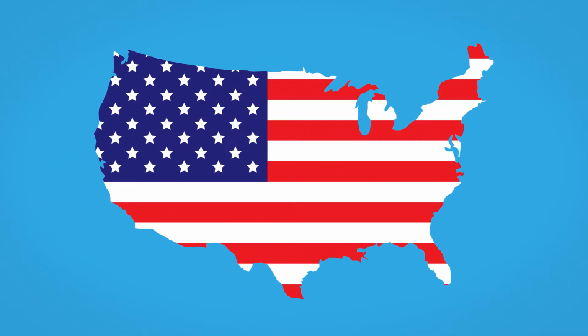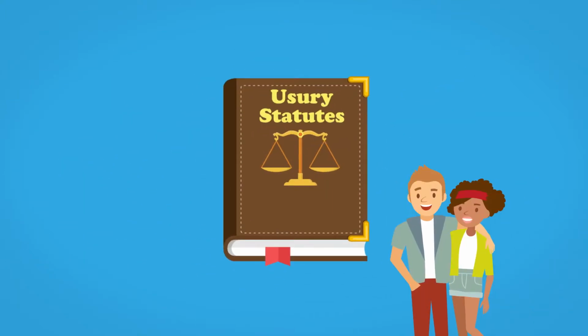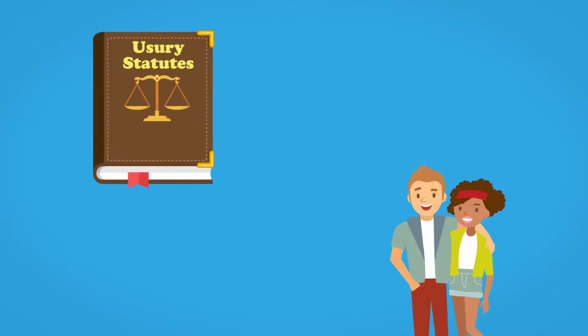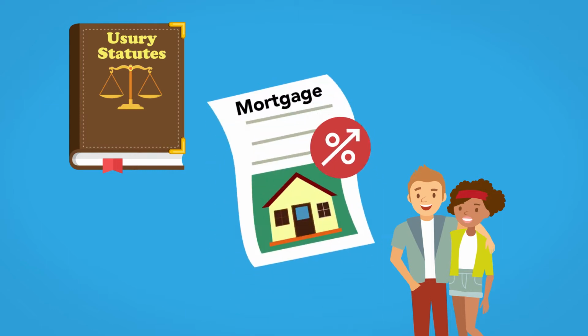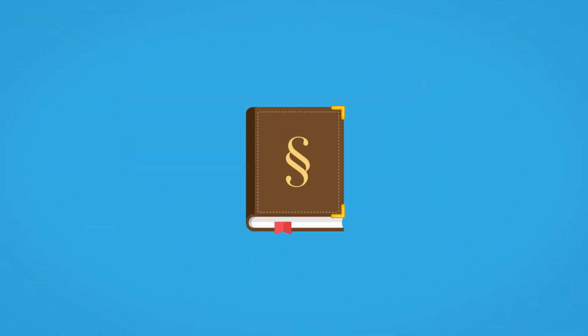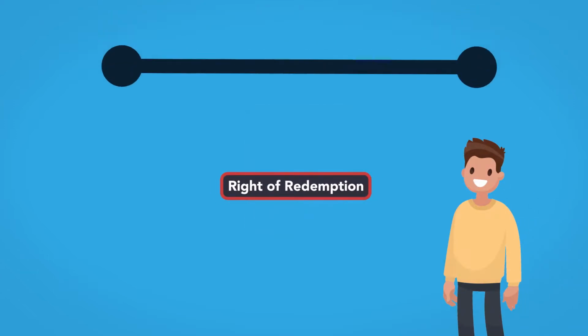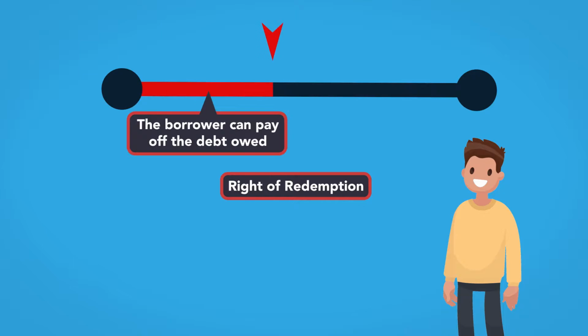In addition to the federal protections afforded to mortgage borrowers, state usury laws can also give rise to important defenses to foreclosure. These laws govern the amount of interest that can be charged on a loan. All states have also enacted statutes that provide borrowers with a right of redemption. A right of redemption is a time in which the borrower can pay off the debt owed or redeem ownership of the property.